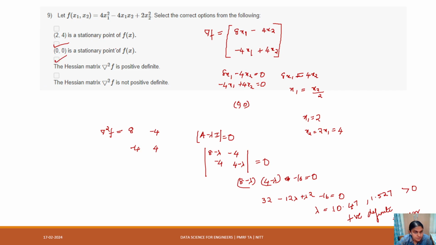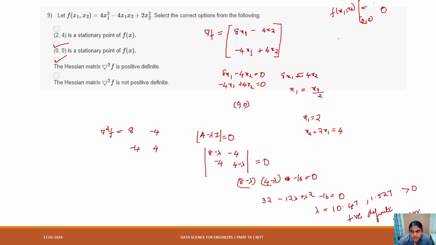That also is true. Now again you can come to the initial position and put the values for f of x1, x2. In the first case, if you put 0, 0, you will get 0 value.